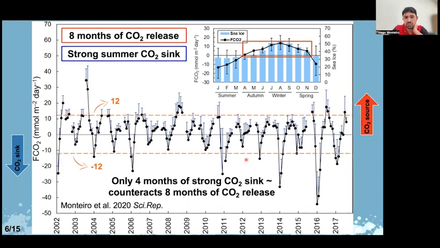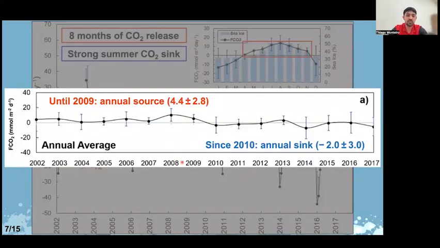And by strong CO2 sink here, I'm talking about CO2 fluxes more negative than 12 millimoles per square meter per day, which is the average for the whole time series. So more recently, we have more months with strong CO2 flux. This probably will have a consequence on the average CO2 fluxes. And that's exactly what we can see here.